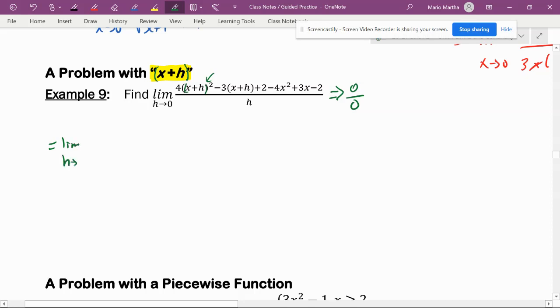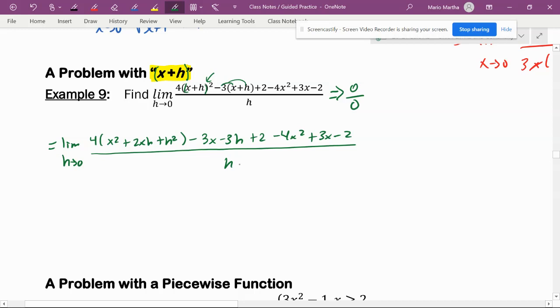So the limit as h approaches 0 of 4 times x squared plus 2xh plus h squared, and then minus 3 times x minus 3h, and then plus 2, and then minus 4x squared plus 3x minus 2, that doesn't change, all over h. All right, so we continue here, simplifying.